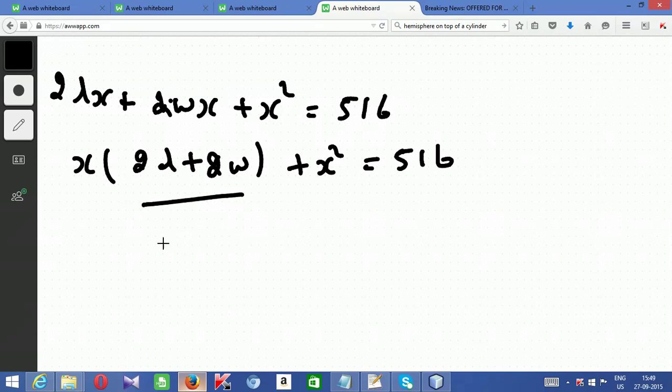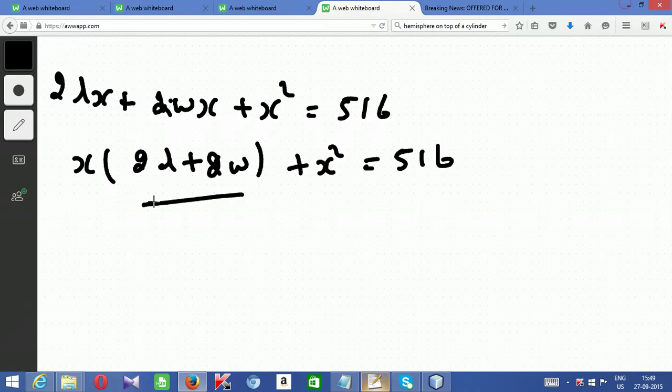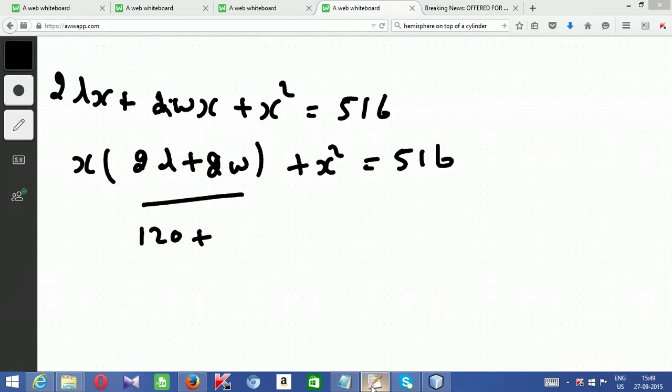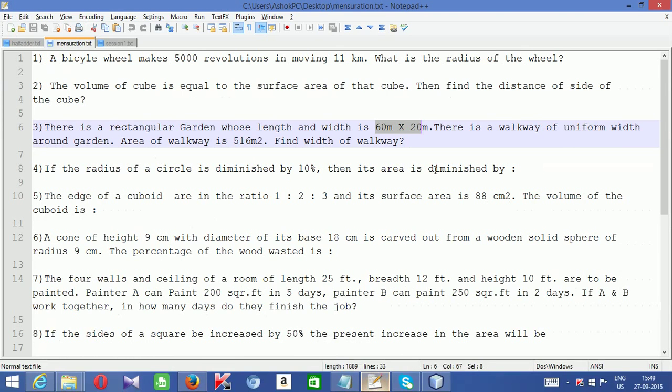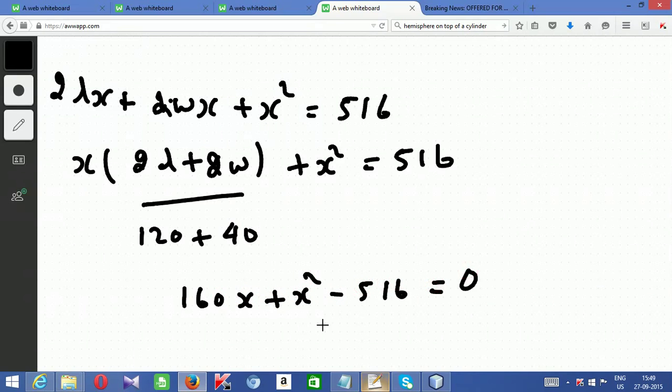When you substitute 2L plus 2W, which is what is given in the question, L and W, 60 and 20, so 80. 2 times 60 plus 20, so 2 into L and W, 160x plus x square minus 516 is equal to 0. Fine. So finally you will end up with x square plus 160x minus 516 is equal to 0.